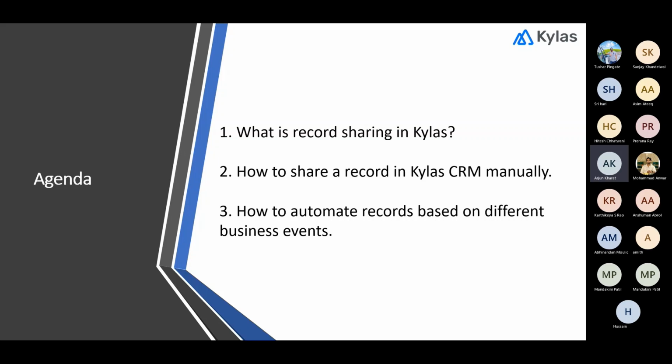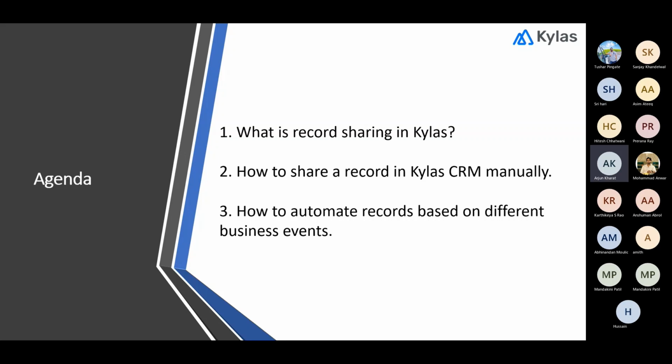Once these things are done, the final step is where one of my colleagues takes feedback from the end customer on the services I have provided and whether he would recommend my organization to a family member or friends. This is a generic business case that I have considered. Now, how does it actually help businesses to achieve this? Let's look at it in the Kailas system.